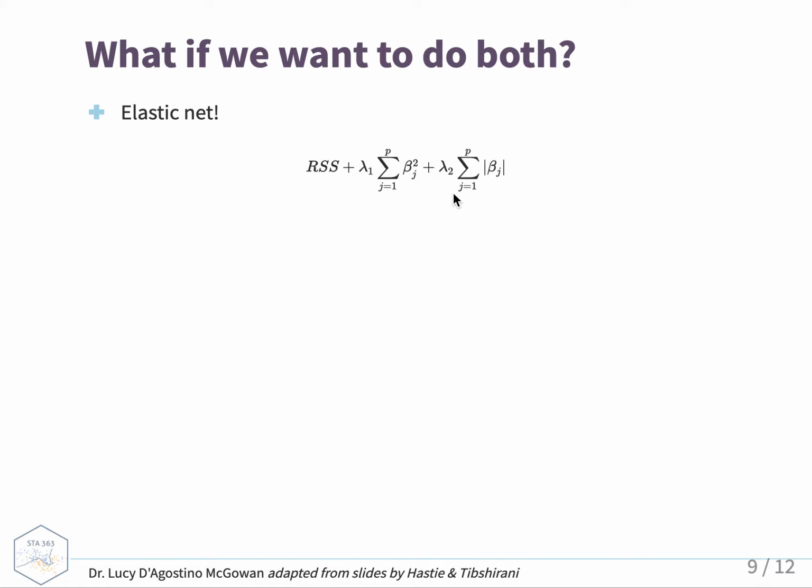Essentially, we've taken the root mean squared error, which we're still using to minimize. If we set lambda 1 and lambda 2 equal to 0 here, these two pieces would drop out, and we would just be looking at the residual sum of squares.